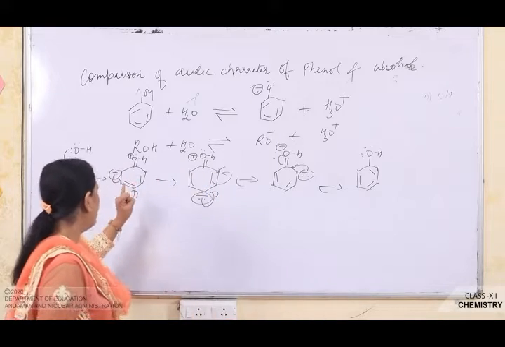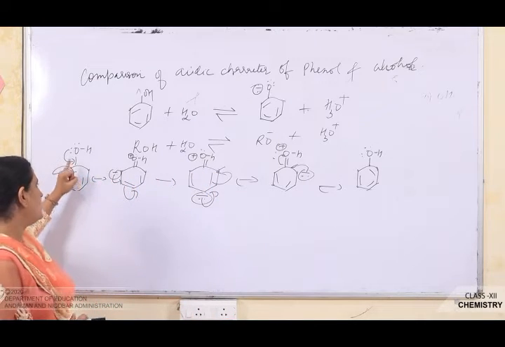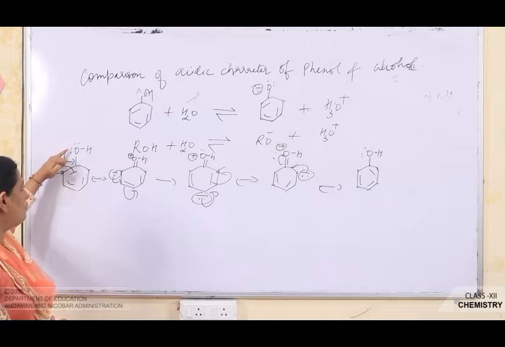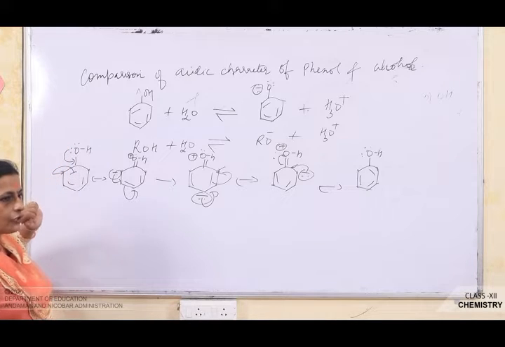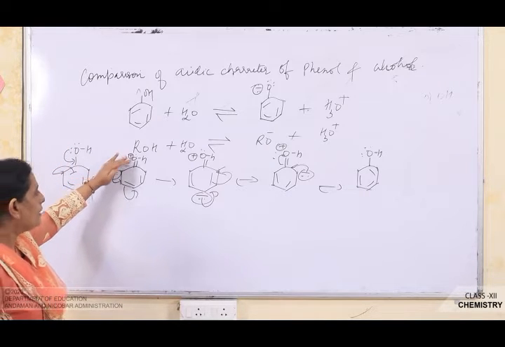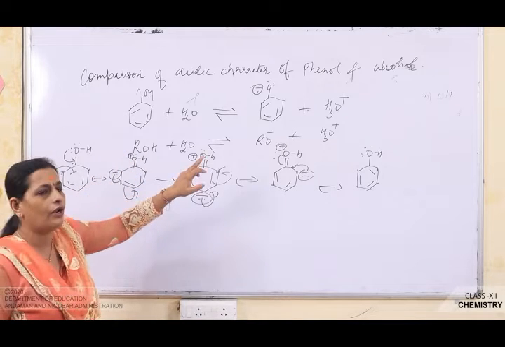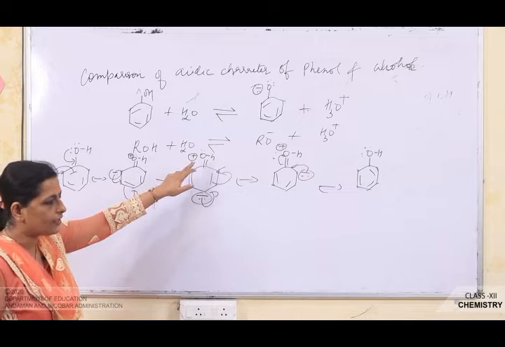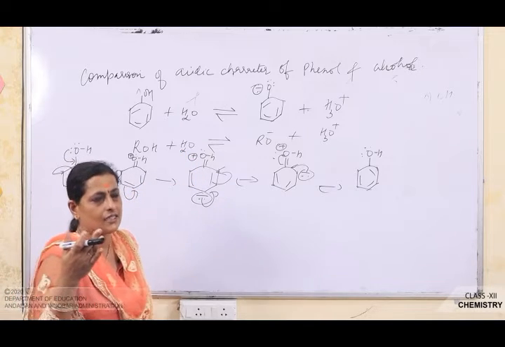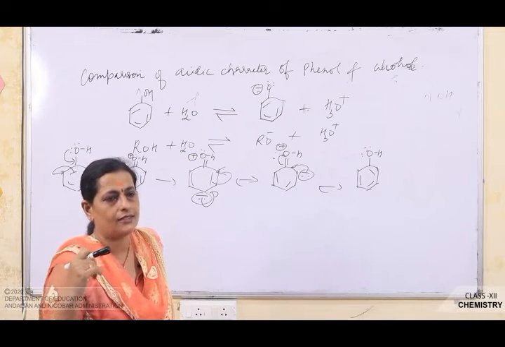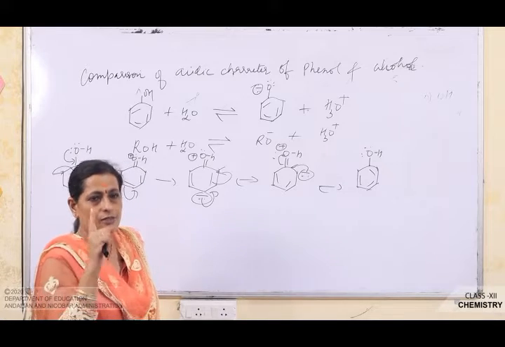In phenol, the lone pair of electrons on oxygen is involved in conjugation with the pi electrons of the benzene ring, so oxygen gets a positive charge, the polarity of the OH bond increases, and the acidic character will increase. So that is one reason.